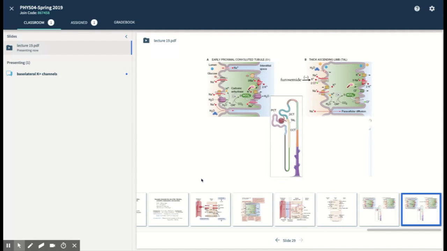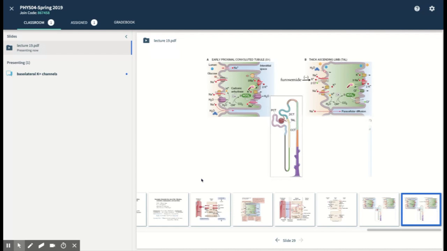What if you had channels that were on the apical side? What would be the result? Basolateral sodium potassium pump and apical potassium channels. Massive secretion, which means what for your blood? Hypokalemia, which means what for your heart?